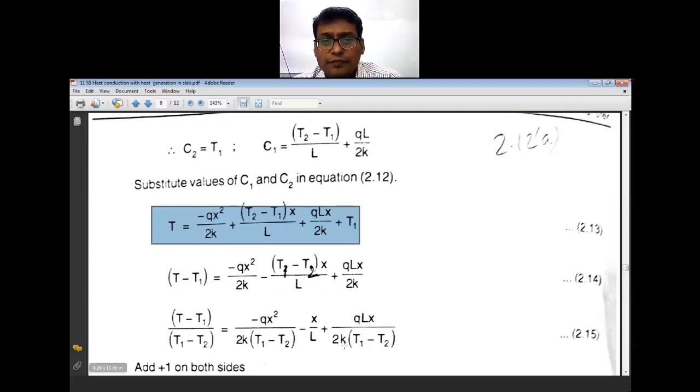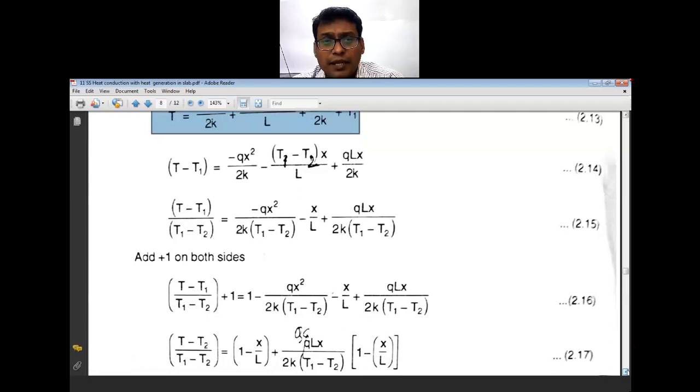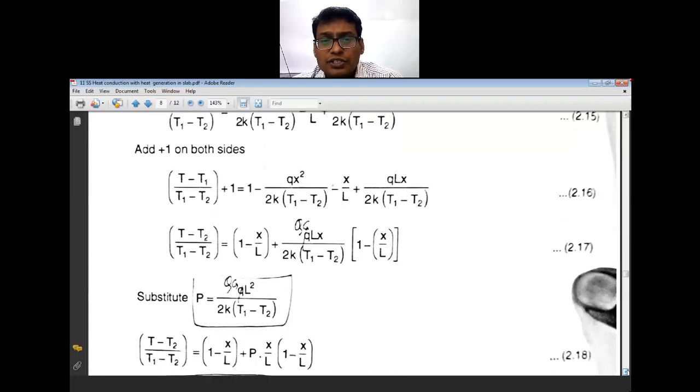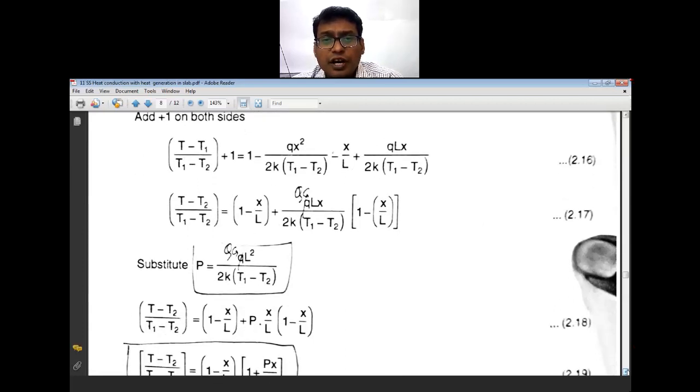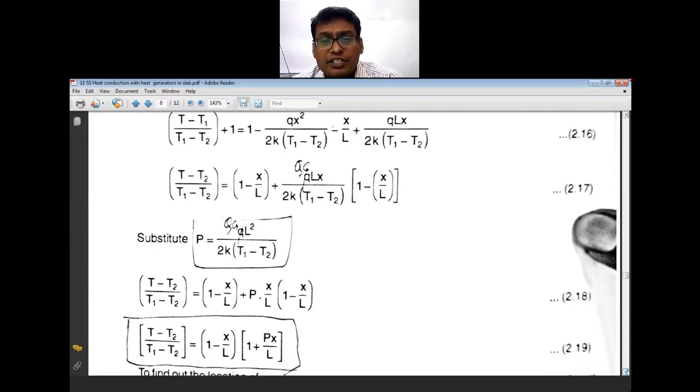This can be further simplified. That is all your mathematical manipulations, adding 1 on both the sides and further simplifying so that this is written in terms of the temperature and the distances only, where P is incorporating the Q dot L square upon 2K (T1 minus T2).